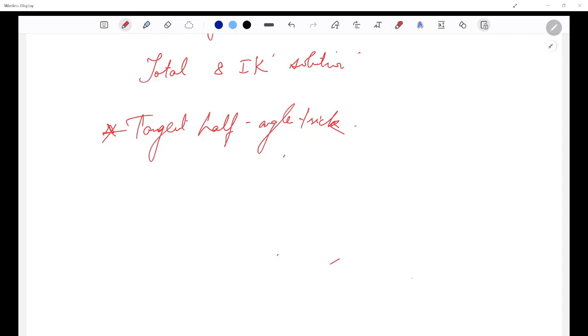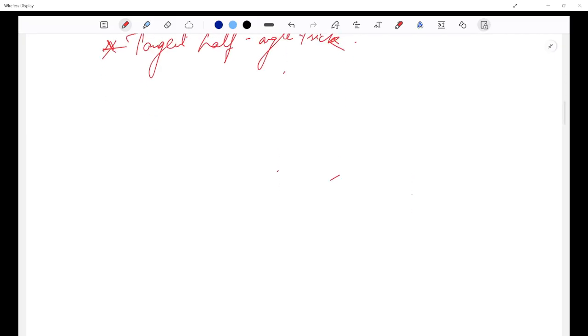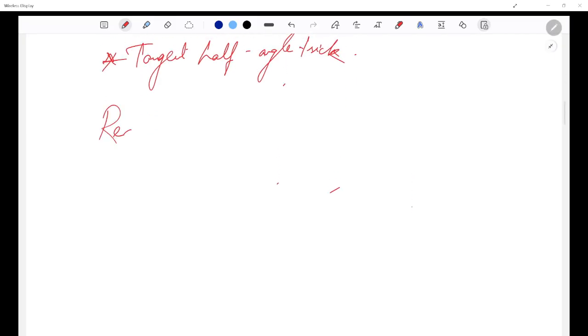Apart from this, for the SCARA robot, it is all about constraints and everything. If there is a redundant manipulator, where the number of actuations is more than what is needed, more than the degrees of freedom, then what do you do?